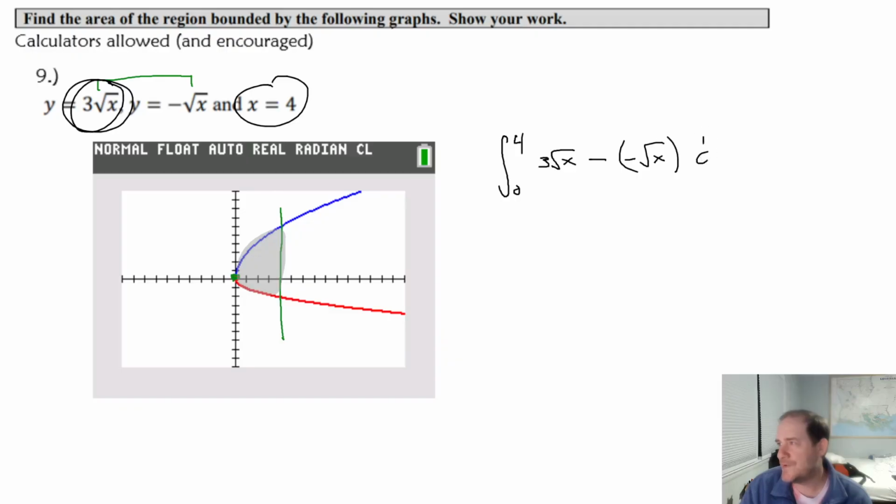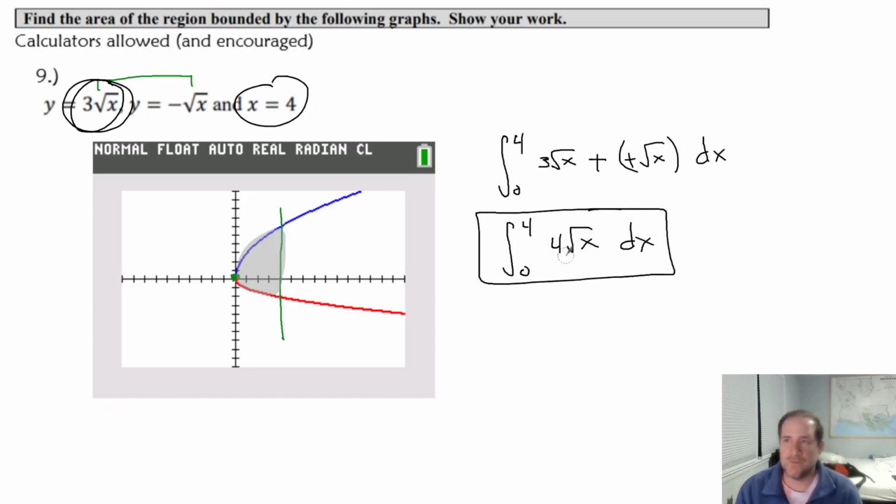And this one, the temptation to simplify is just too great because we're adding, and we're just adding radicals. So this is literally just the integral from 0 to 4 of 4 root x dx. This one is very simple, such that even though the calculator is encouraged and allowed, you could certainly solve this guy by hand, right?